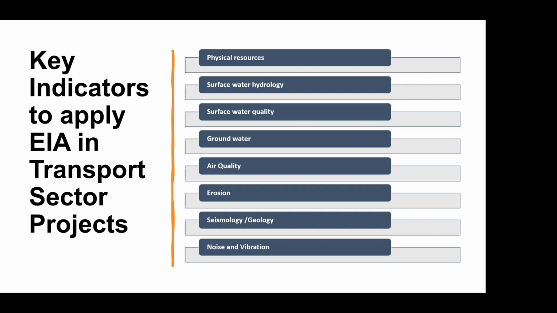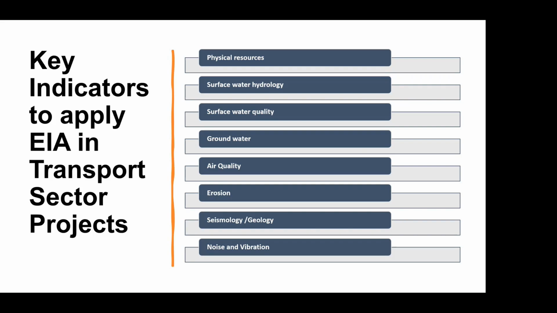The next part is groundwater. A transportation project may result in alteration of the groundwater table and infiltration rates, so waterlogging of wells may also occur. The next part is air quality. Air quality would deteriorate during the construction of a transportation project due to the movement of construction material and consequent dust and particulates drifting in the air.